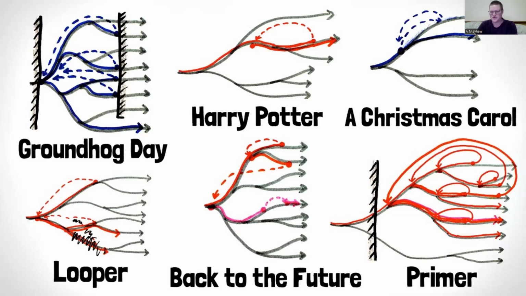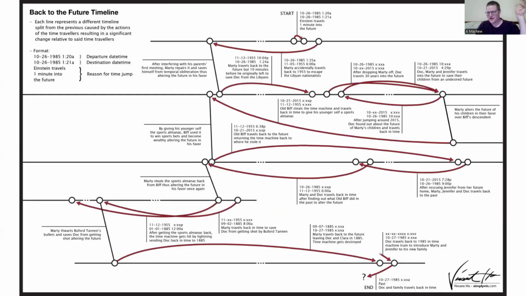If we're going to talk about time travel, let's do the original, well, not the original, but perhaps the most influential one in the past 40 years, Back to the Future. So this is the Back to the Future timeline, and you can see where things start up here at the start, and it lists when things happen.